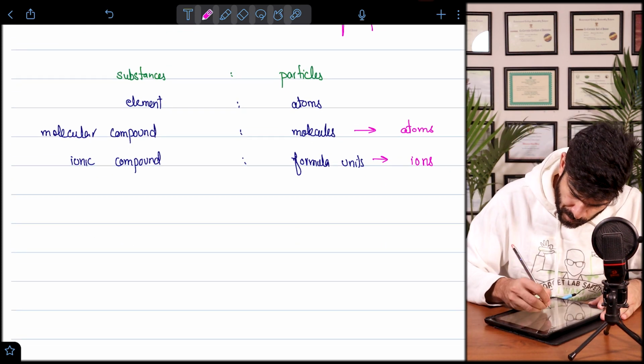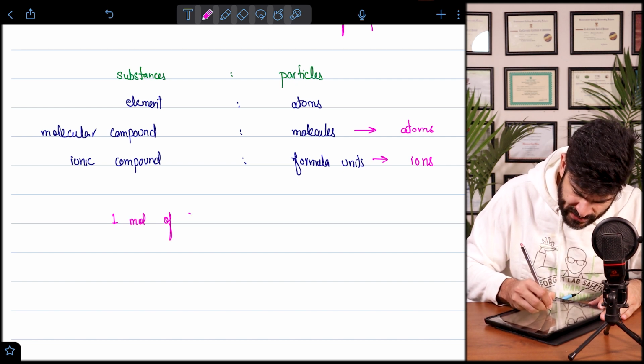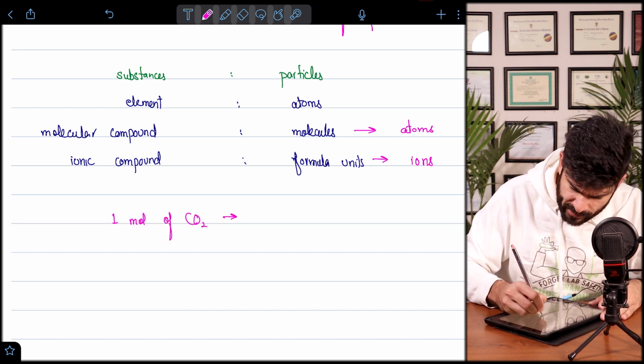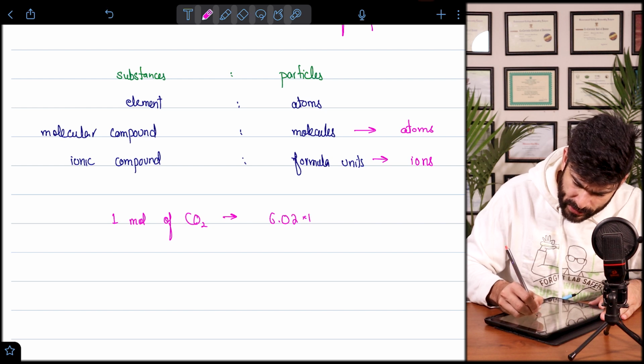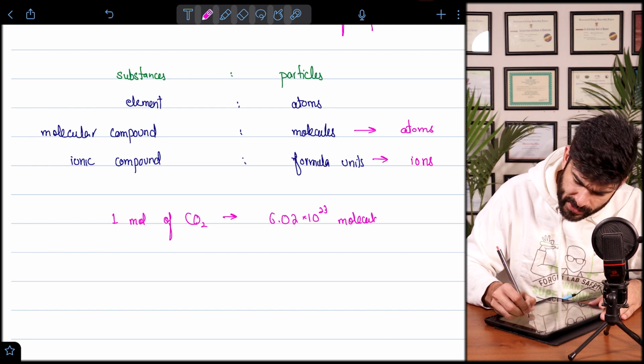For instance, 1 mole of carbon dioxide will have 6 times 10 raised to 23 molecules of carbon dioxide.